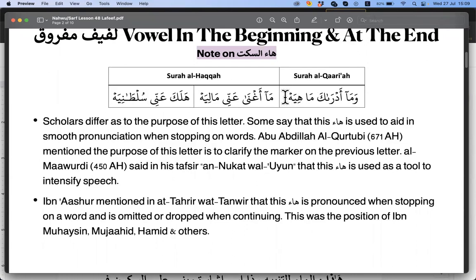Surah Haqqah, we have ma aghna anni maliyah, halaka anni sultaniyah. This ha at the end. Why is it there? This ha is called ha sakat. The scholars differ about the purpose of the letter. This one you can read.